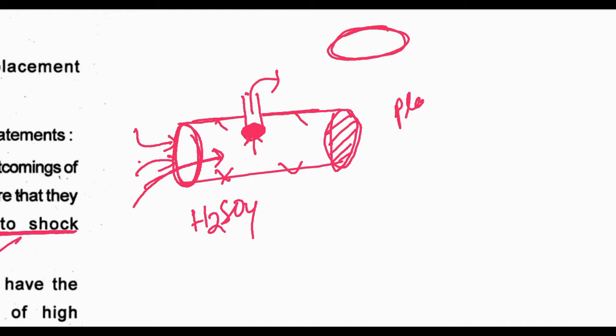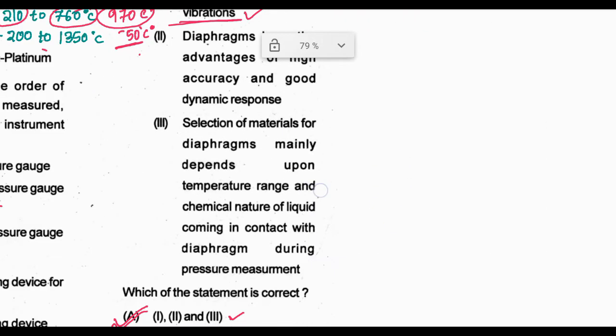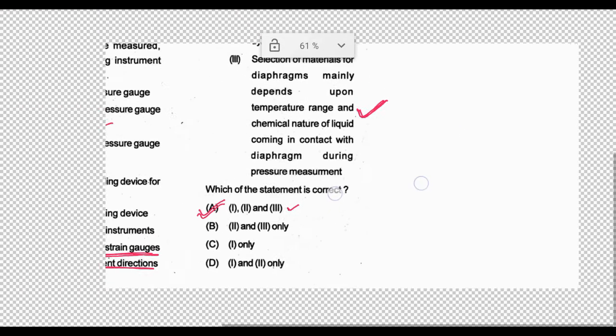Like Teflon is resistive to some of the acids but not all. I have already explained what may be the polymer or what may be the metal. If we are measuring the pressure of any liquid, the liquid should be compatible with that diaphragm material. So this option is also correct. These are practical things that we should consider.